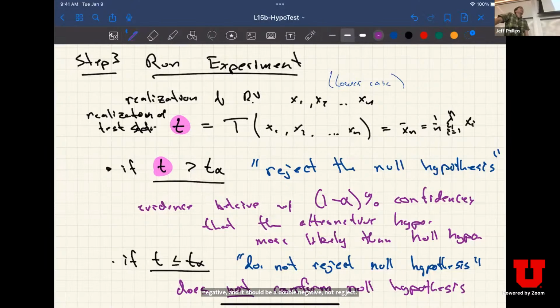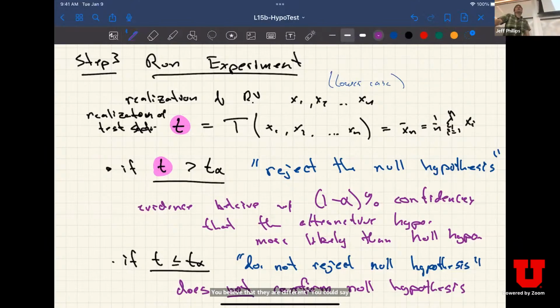Hypothesis testing is not designed to confirm that two things are the same. You might be able to, with some confidence, reject that they are the same, meaning you believe that they are different.